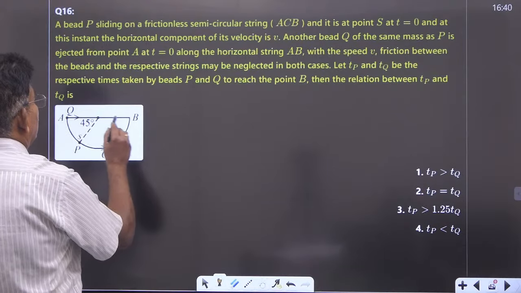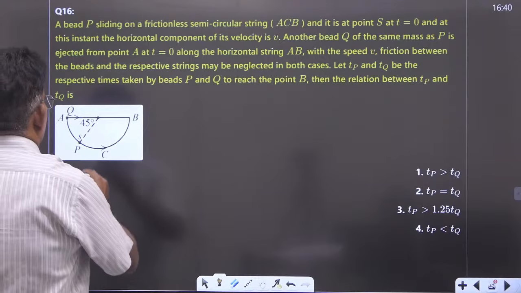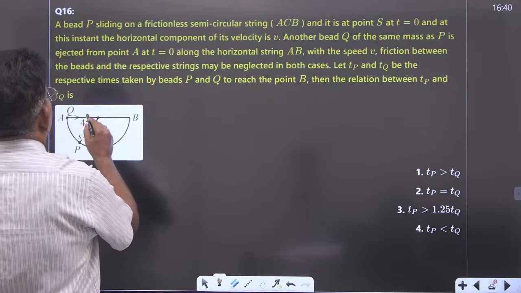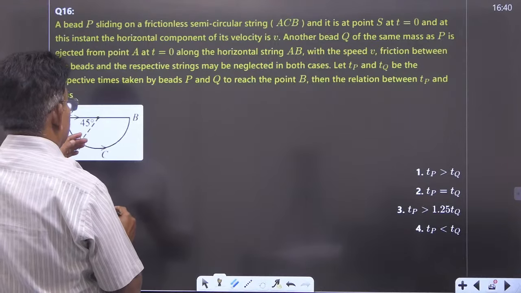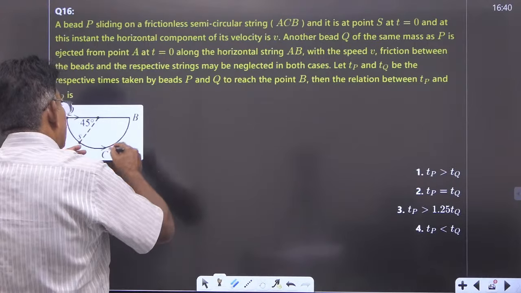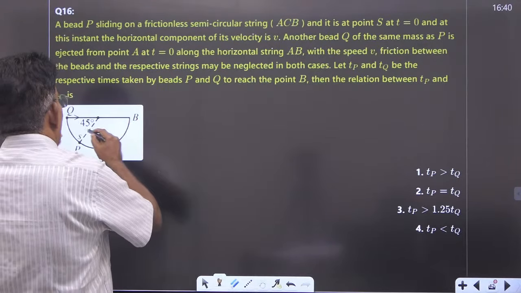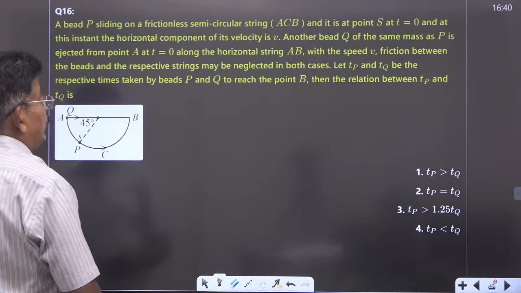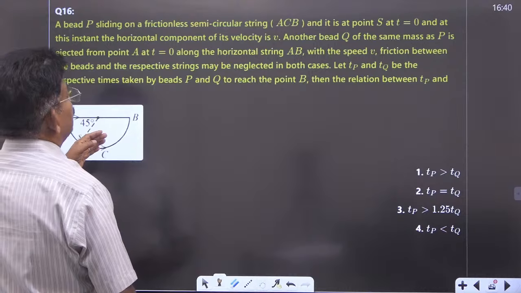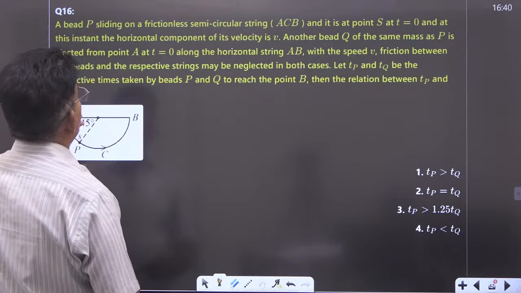Now here, one bead is moving with a steady speed. Initially its speed was this, and as it comes down, its speed is first increasing to a maximum value, then from the maximum value it decreases. So during the motion ACB, the average speed is more than the speed of what? This bead.